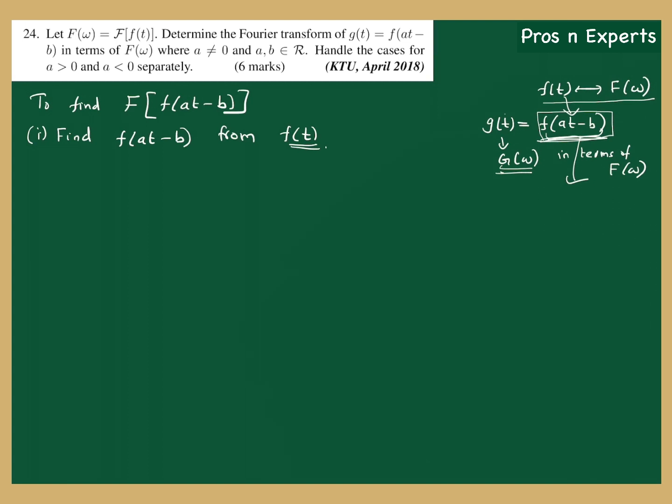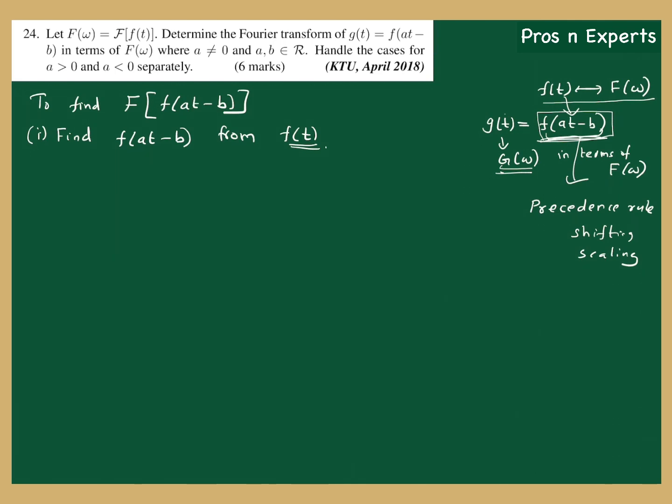So the first thing that comes to your mind should be the precedence rule. The precedence rule states that if both scaling and shifting occur in a signal, first shifting, then scaling.